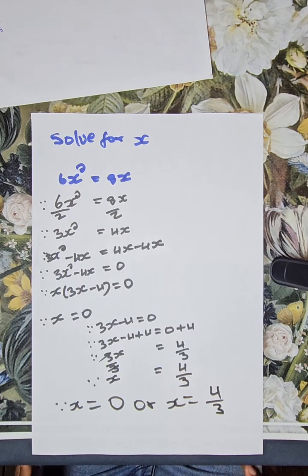Now, what you need is to check your solutions, are they correct or not? In order to make sure your solution is correct, you need to go back to your original equation and substitute the value you got.